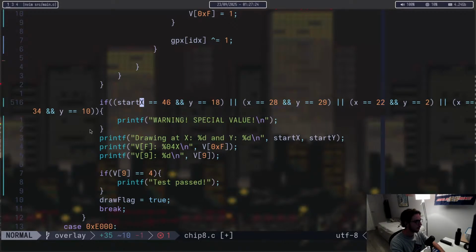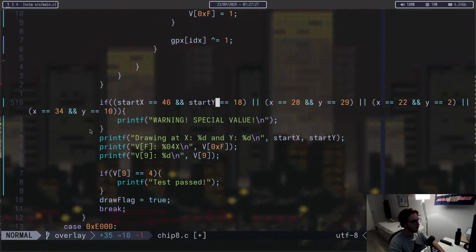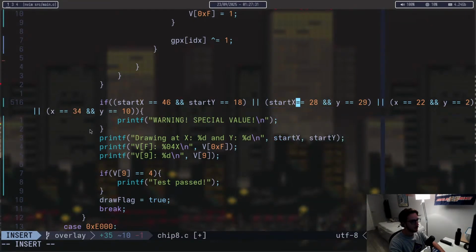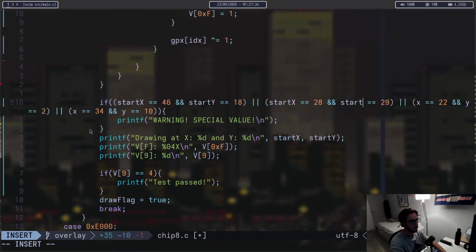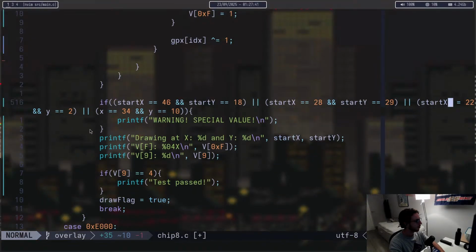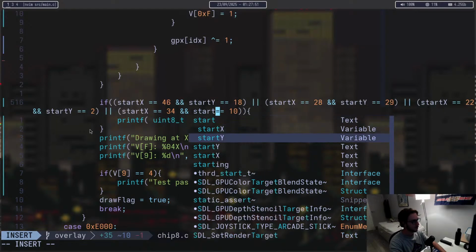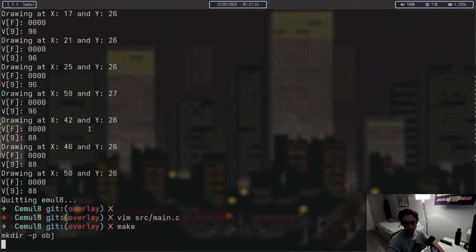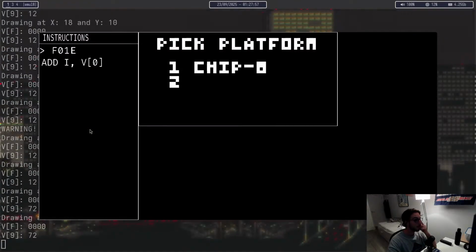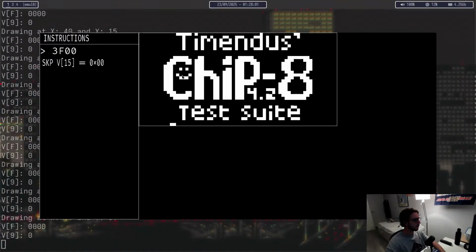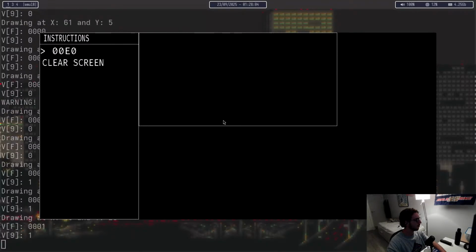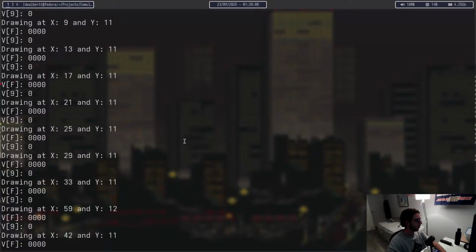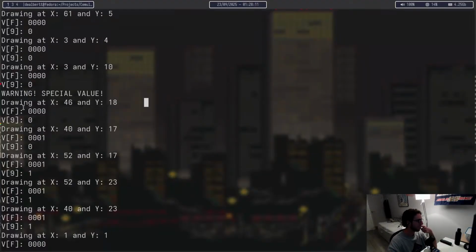So replace capital X, then start Y. Start X, start Y. Okay, so now it should have definitely worked. Okay, 46 and 18. There we go.